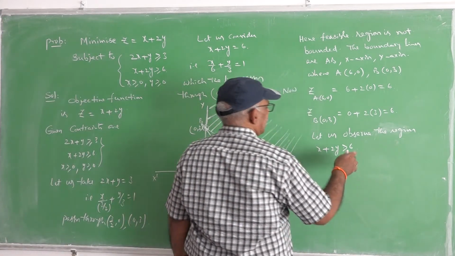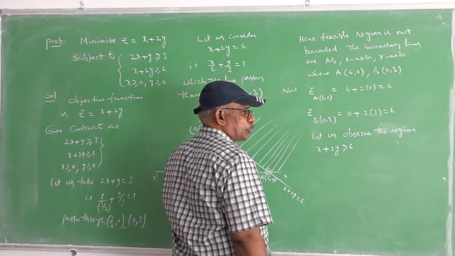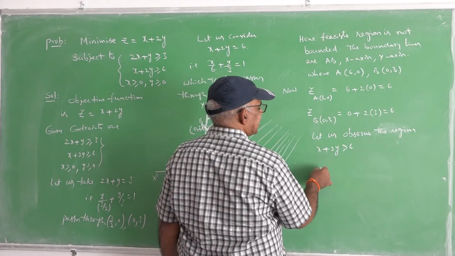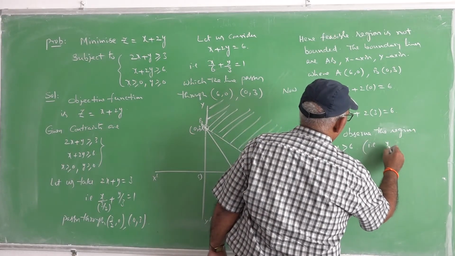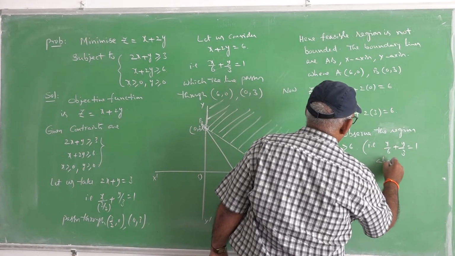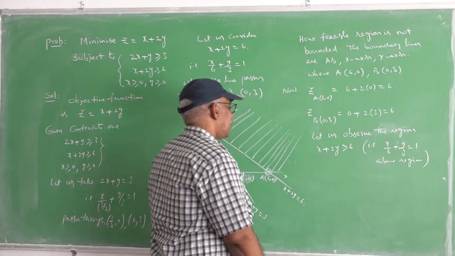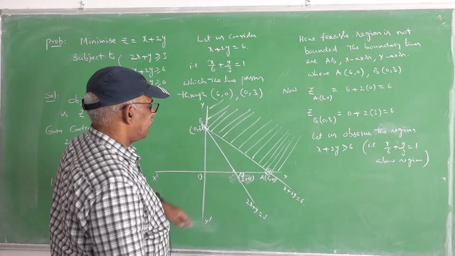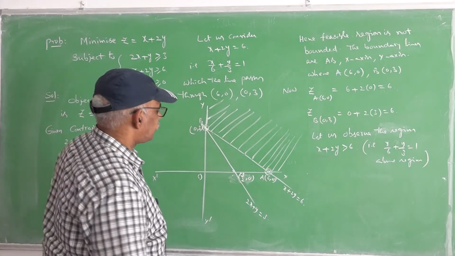That is the above region. Draw the line x plus 2y equal to 6 here. That is x by 6 plus y by 3 equal to 1, and the above region, this region.